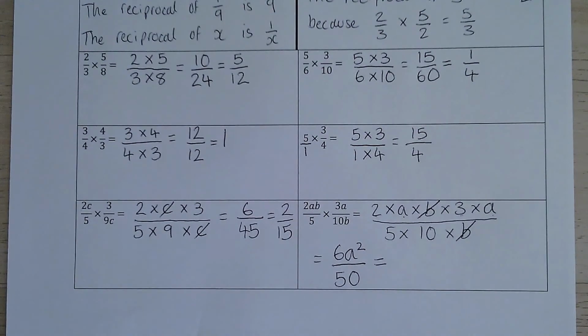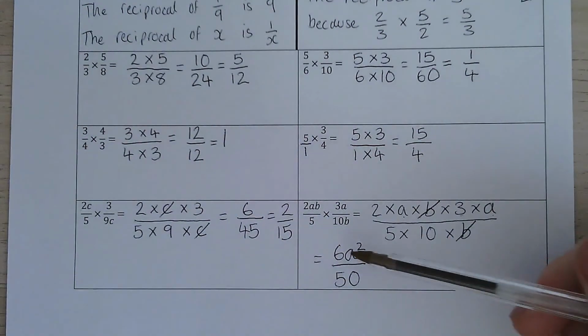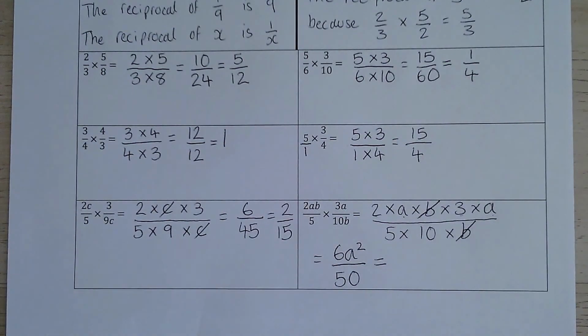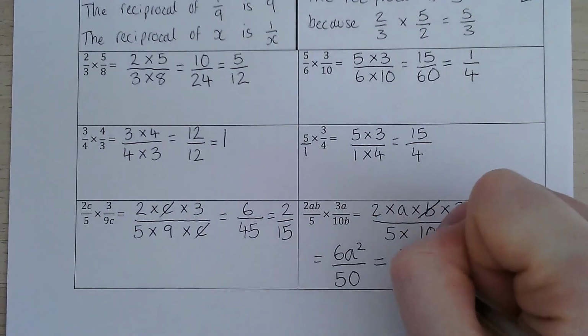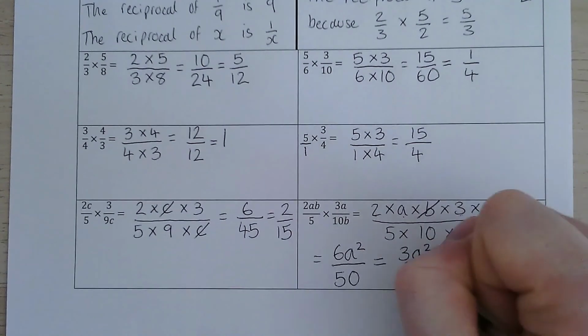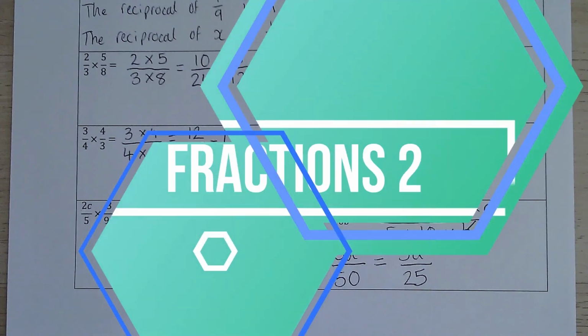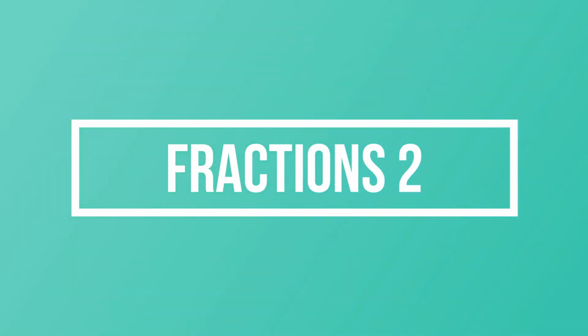We can simplify this further because both of the numbers, 6 and 50, can be divided by 2. So doing that, we get 3a squared over 25, and that is the final answer for 2ab over 5 times 3a over 10b. And that concludes today's lesson on fractions.